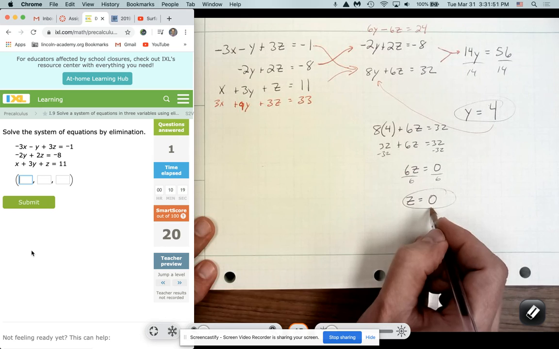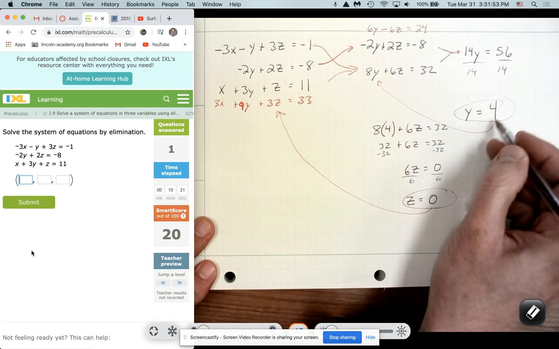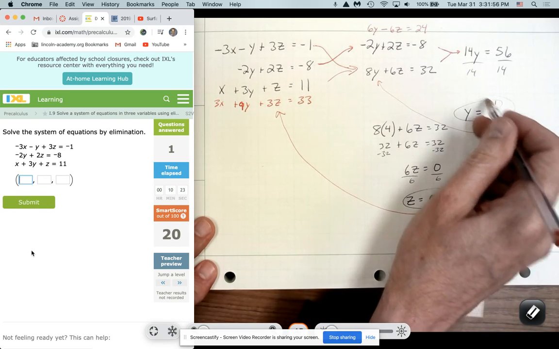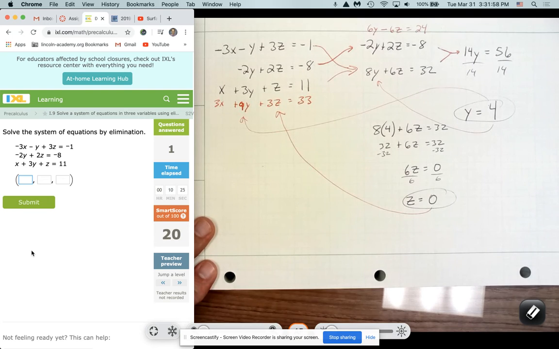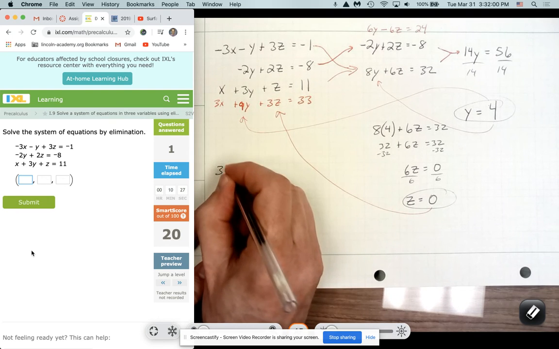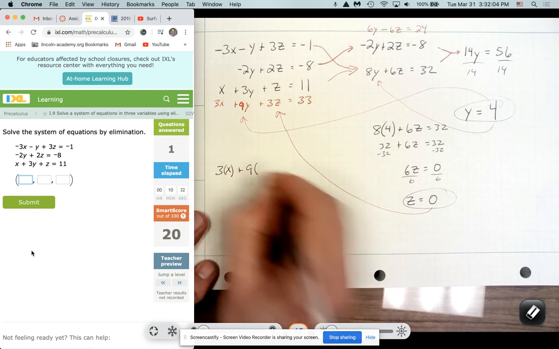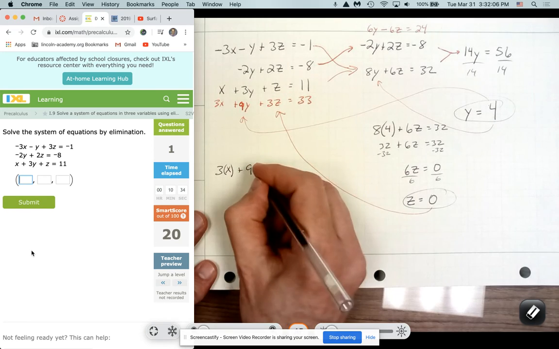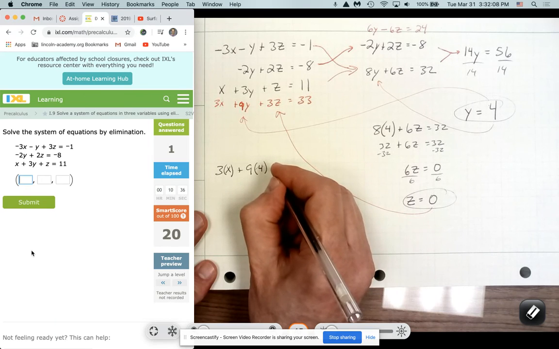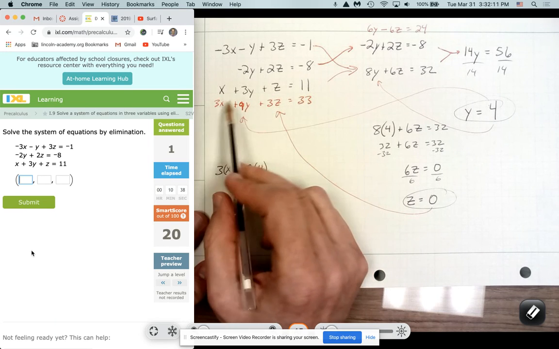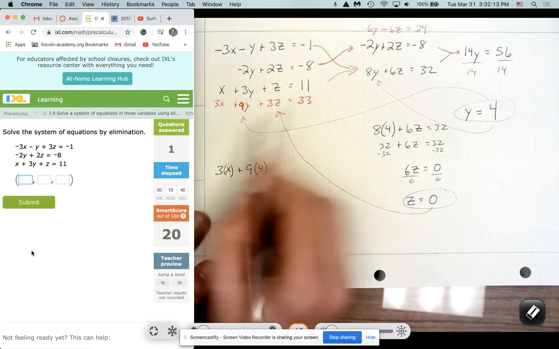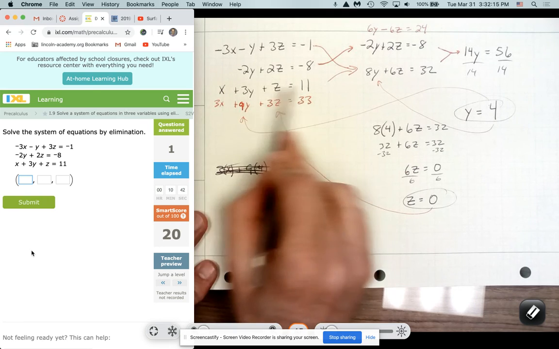Now I'm going to plug in the z value of 0 and the y value of 4 back into one of my other equations. So I got 3x, well, I didn't need the parentheses there, plus 9 times y. What did we say y was? 4. To make it quicker, let's use the original. The numbers are smaller.